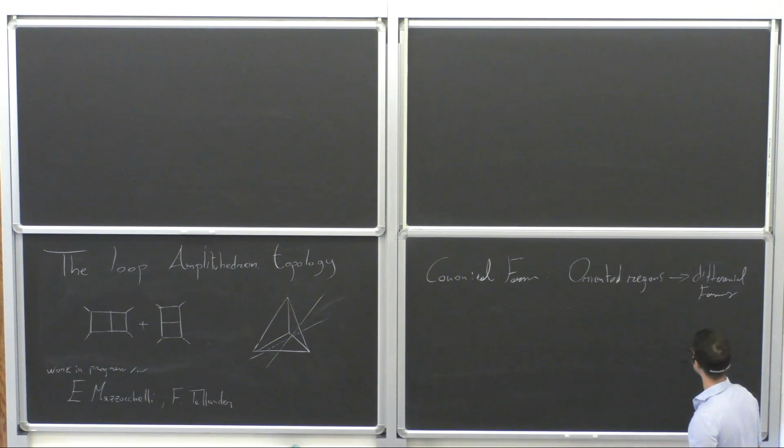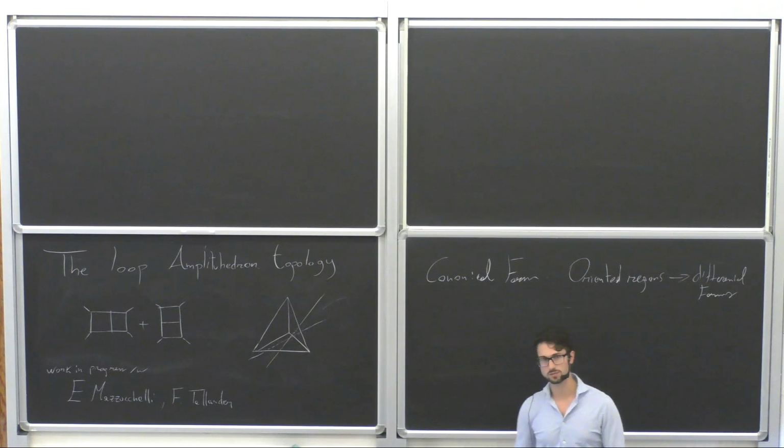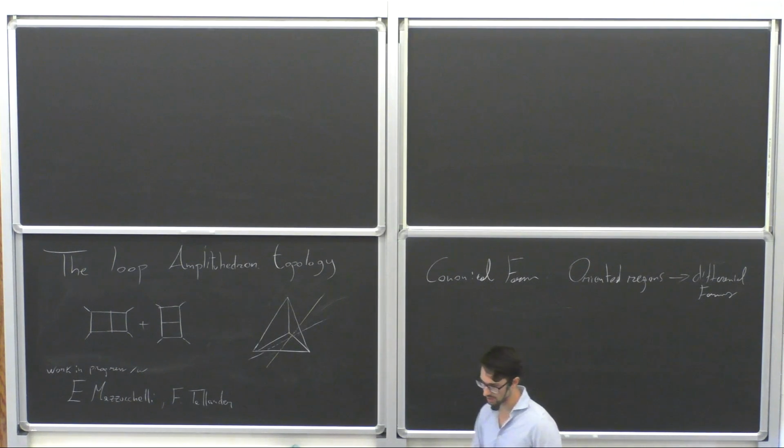Of course, it's from some specific class of oriented regions to a specific class of differential forms. These differential forms are in particular dlog forms.